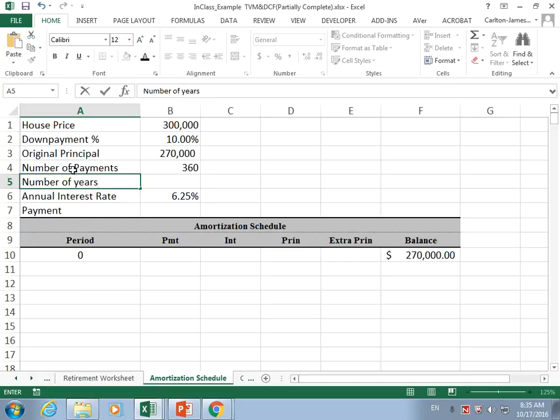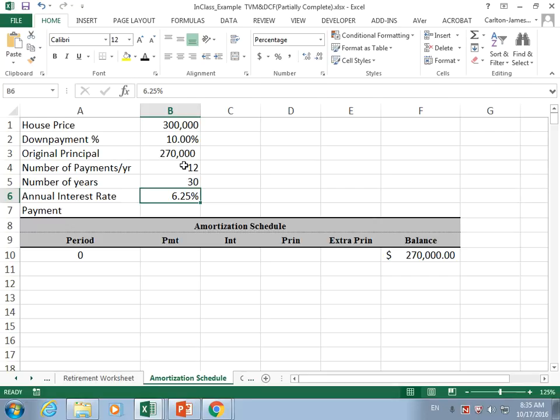and let's put number of years here and number of payments per year. And so we'll put 30 years here. Suppose you have a choice, and many financial institutions will allow you to pay monthly, which is the usual minimum frequency.